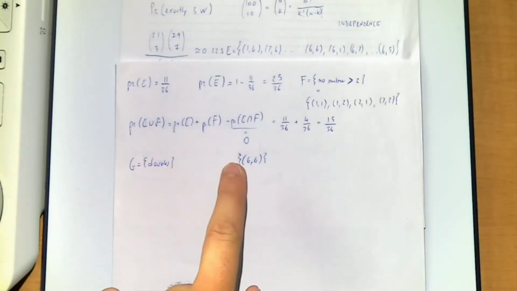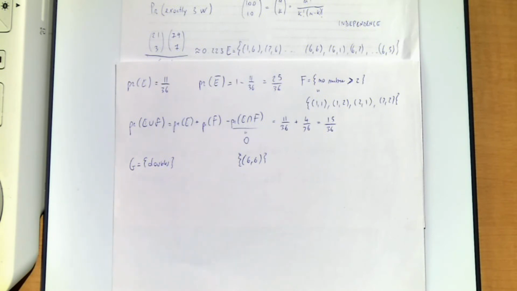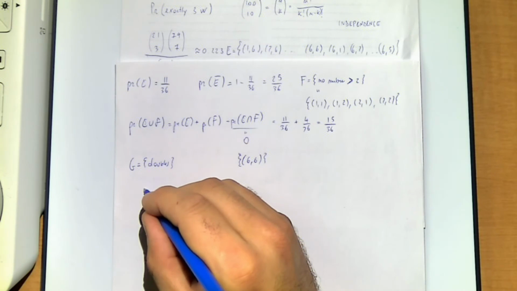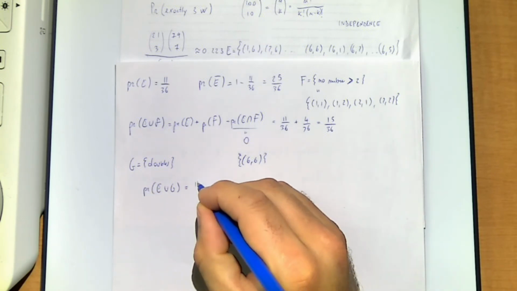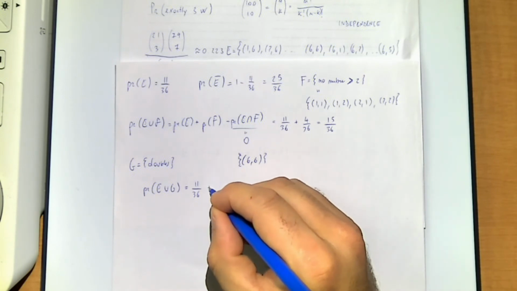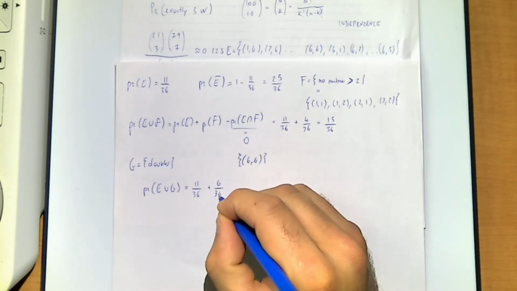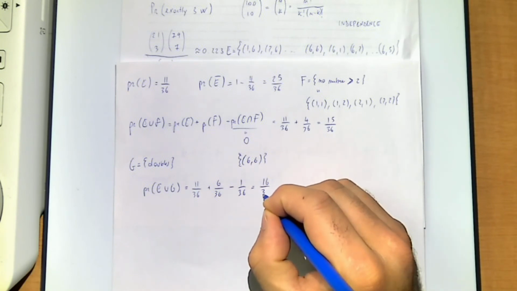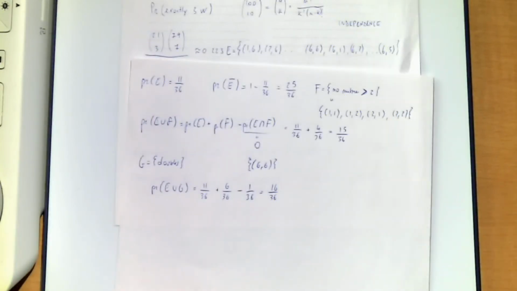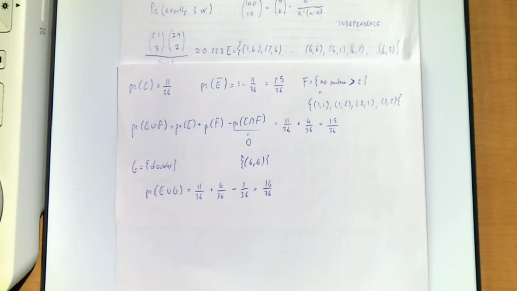So 1 over 36. So it's not 11 plus 6, 17, but it's actually 16 over 36. So if I consider the probability of E union G, we get 11 over 36, that's E, and then 6 over 36, that's G, and then that's the intersection. Okay, so hopefully this clarifies why it's important to consider whether the events are disjoint or not.